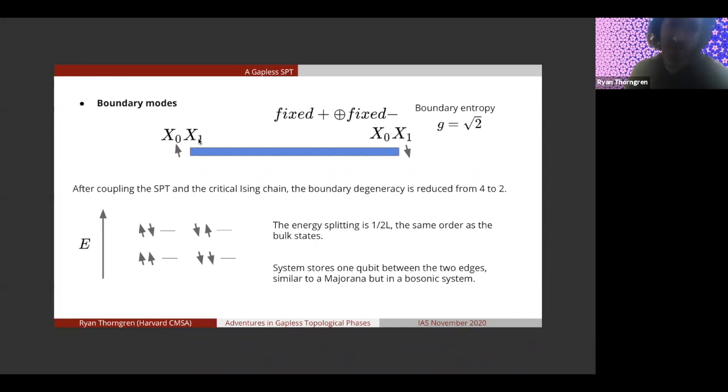But if it's minus, then you get the opposite polarizing field at the first site, and that gives you fixed minus. So hopefully that helps, as I should have mentioned. That's how you see that depending on the orientation of the spin, it's either fixed plus or fixed minus. So in that sense, it's like fixed plus plus fixed minus.